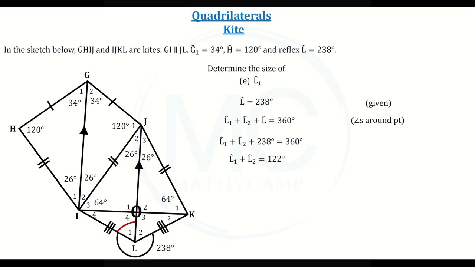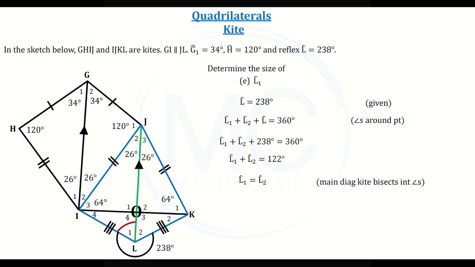Now angles L1 and L2 lie inside the kite IJKL. So let's make the kite blue. We know that JL is the main diagonal, so let's make it green. We also know the main diagonal bisects interior angles, so we can see that angle L1 will be equal to angle L2 because the main diagonal bisects the interior angles of a kite.